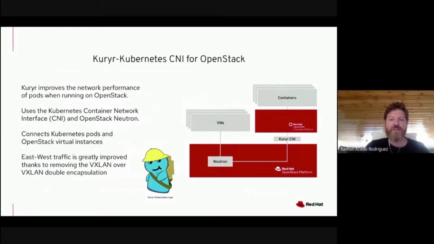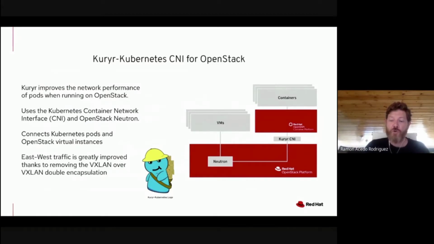And what does that achieve? Well, for example, east-west traffic is greatly improved. And the main reason is that OpenShift and Kubernetes use VXLAN tunneling to communicate the pods between them, right? And pods in different physical nodes. And OpenStack does exactly the same, right? By default, Neutron will use VXLAN tunnels in the networks that are available for the virtual machines.